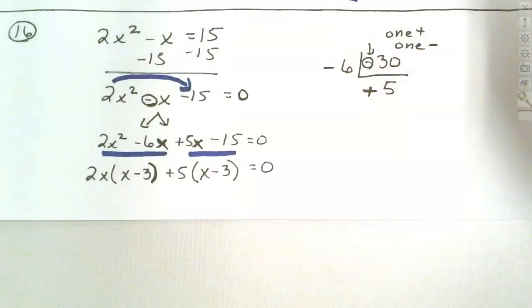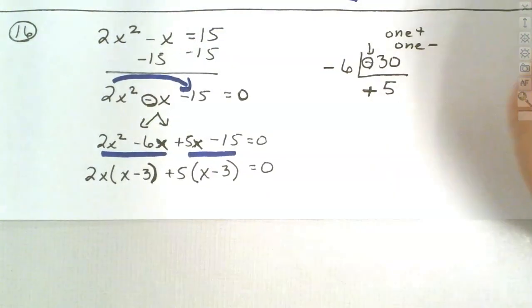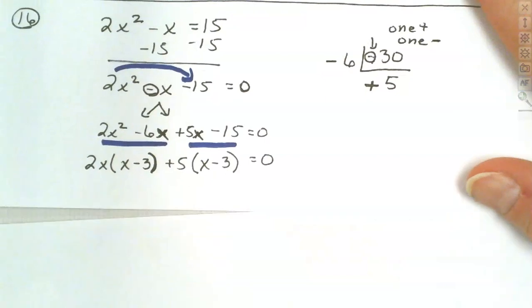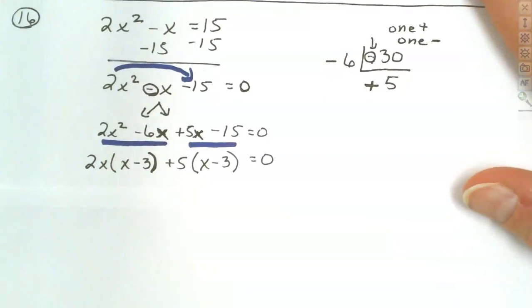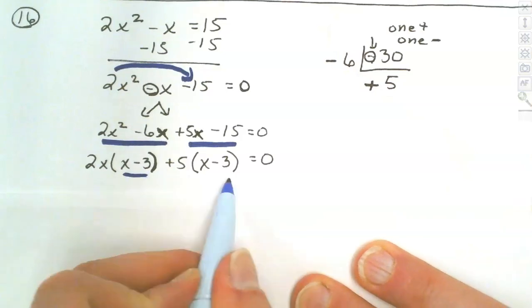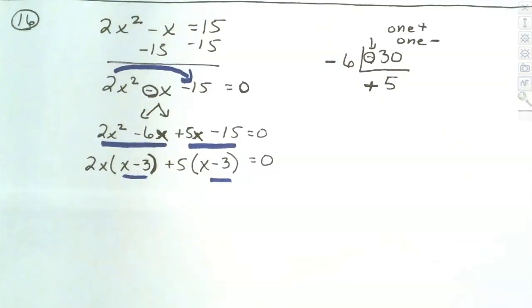Now these are the same, so we can factor them out. Since that x minus 3 is the same in both of these, we can factor it out. So we'll put that x minus 3 out in front.